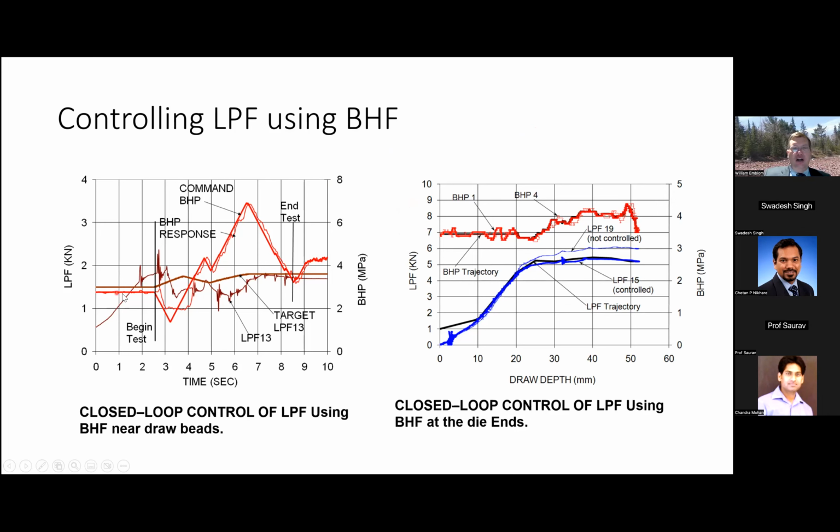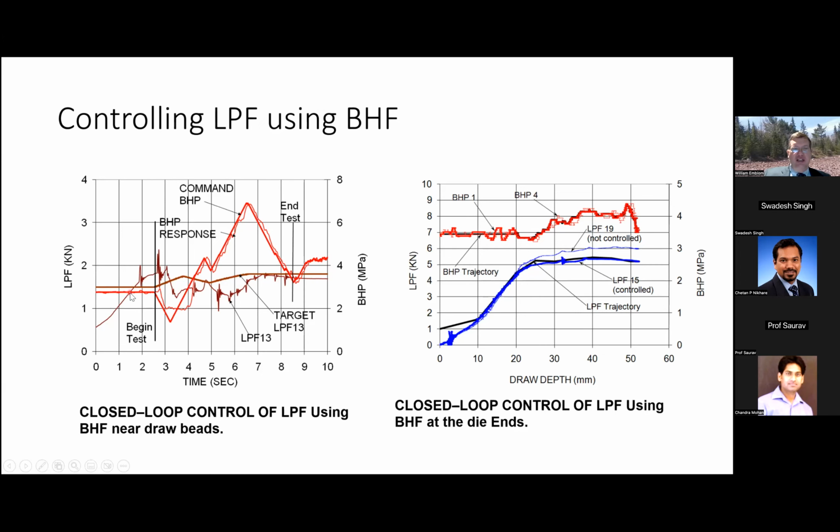So this was the figure on the left. That was initially our first attempt at closed loop control. We picked a trajectory at random, so we did not actually select the best trajectory that we could, but we can still see that we got closed loop control.